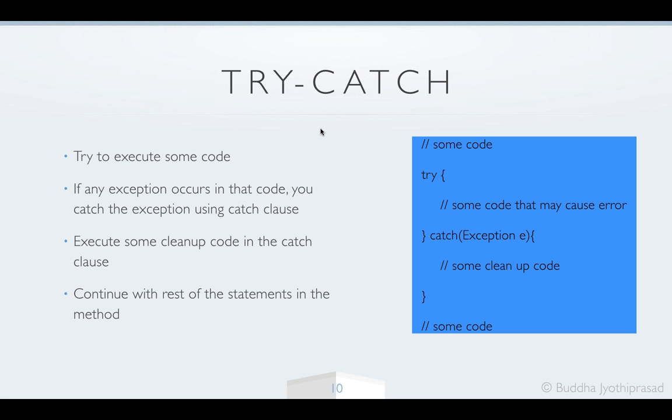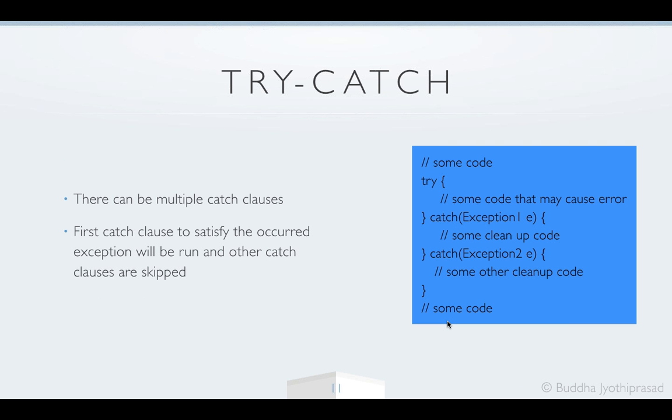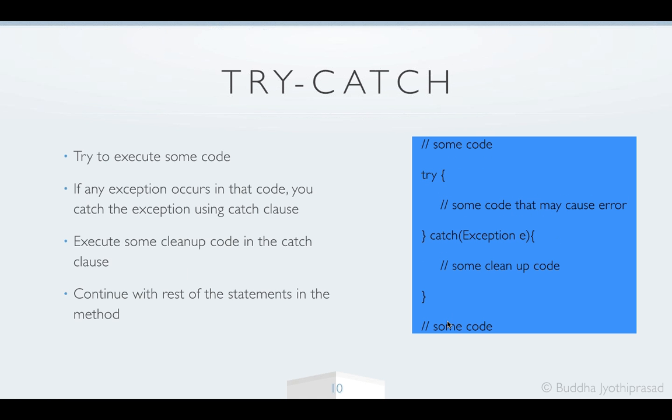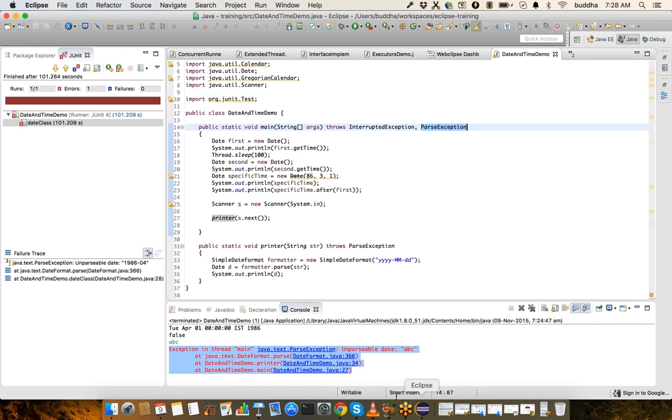Whenever we do something like this, if an exception occurs in the try block, that exception will be caught and the cleanup code will be executed, and then the rest of the code after the catch block will also be executed. We can also have multiple exceptions from the same piece of code, as you have seen in this code.